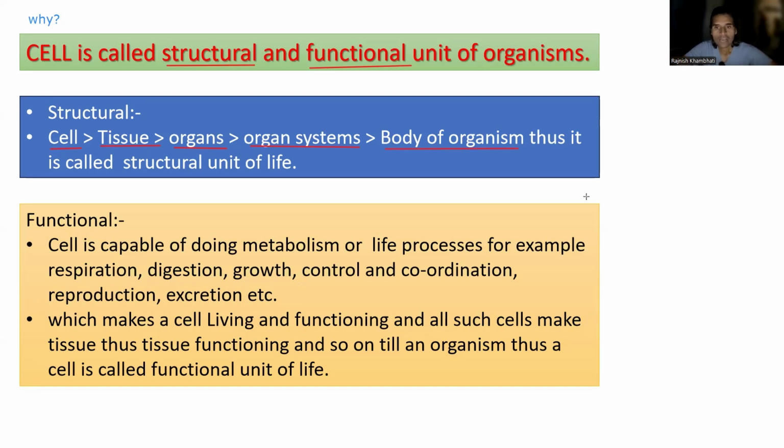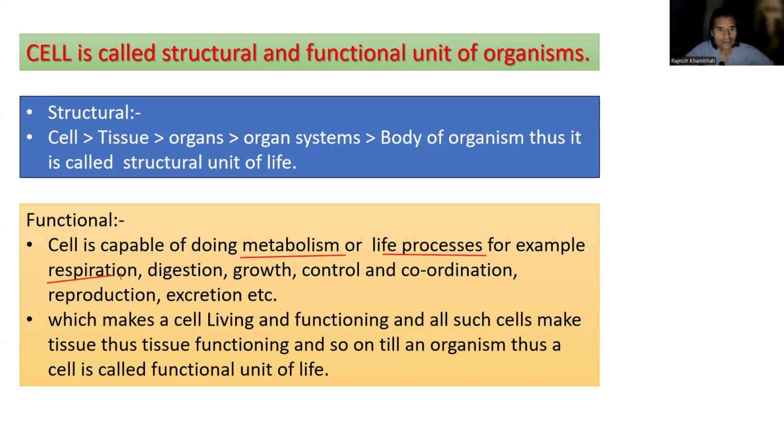Now let's move to the second thing, that the cell is called the functional unit. Why functional? Simple. The meaning is that it is doing something. It is doing some functions. Now, what functions can a cell do? A cell can do metabolism, which is also known as life processes.